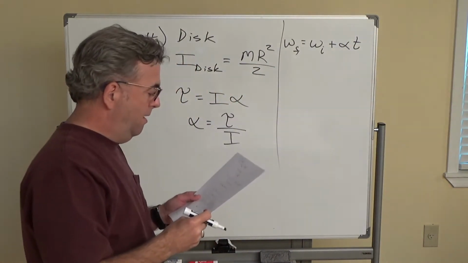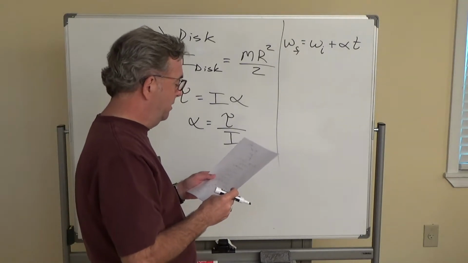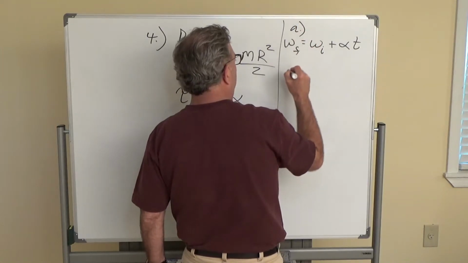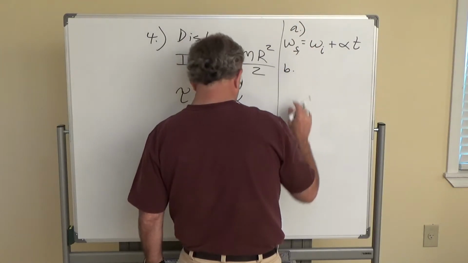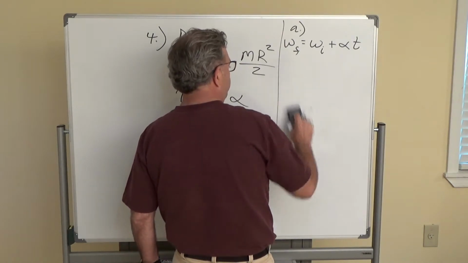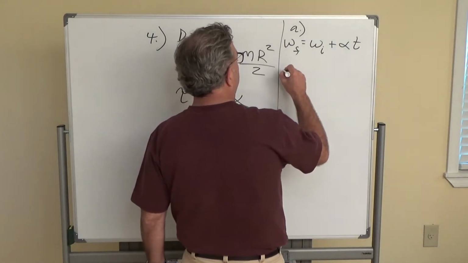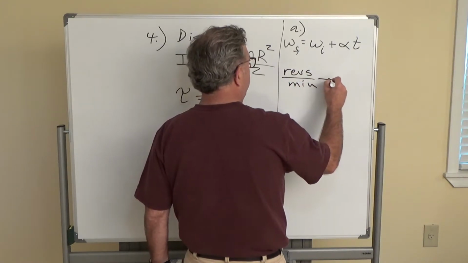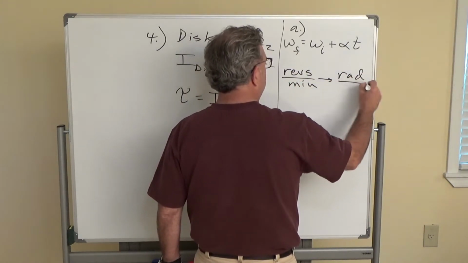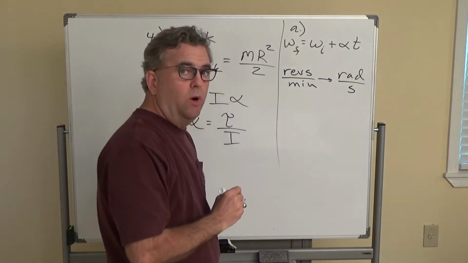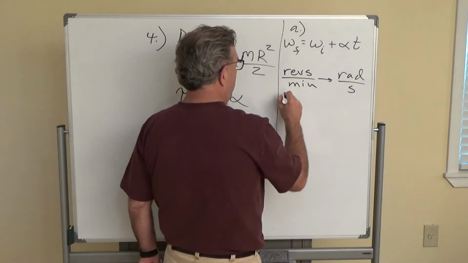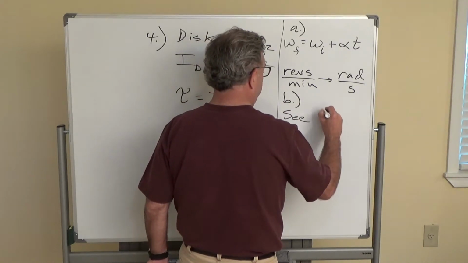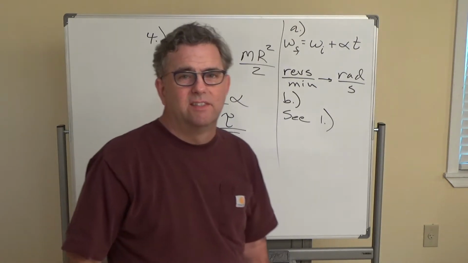And I think this is part A, you do have to convert revs per minute to radians per second. I showed you how to do that in problem 1. And then for part B, see problem 1.